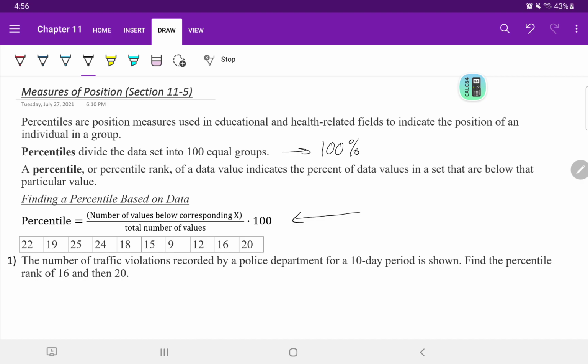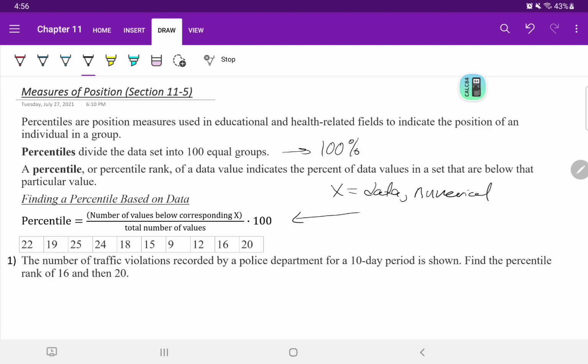The percentile equals the number of data values below a corresponding data value. Remember, X represents numerical data. I should be more specific in saying that. Now, the numbers below a corresponding data value divided by the total number of values times 100. We can use that to find the percentile.